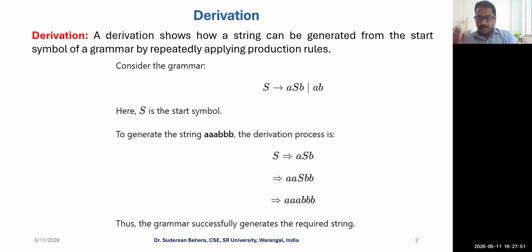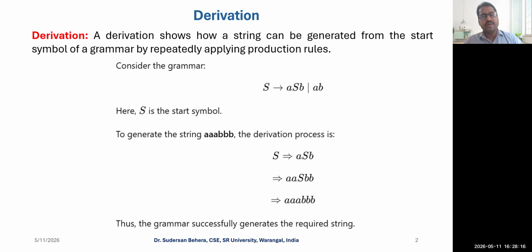So the left side of a production in context-free grammar always contains one single variable or non-terminal. Whereas the right side of a production may contain any number of terminals, non-terminals, or any combination of them. It may contain the null string also.